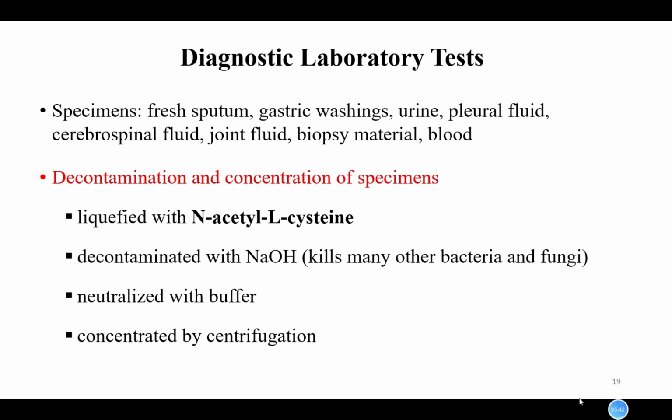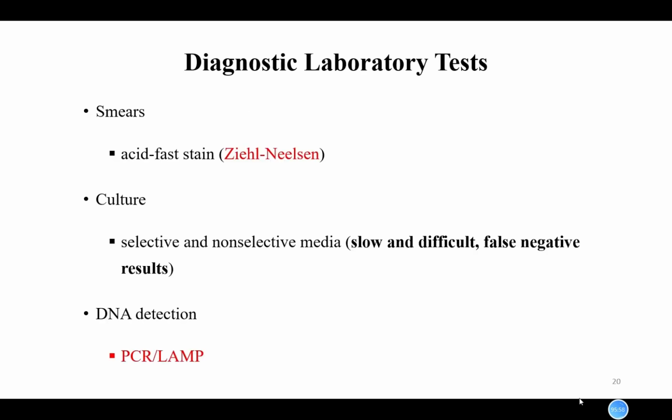This neutralizing buffer is an acid buffer. Then we can concentrate by centrifuge to collect the bacteria. Then we can culture the bacteria, or we can stain the bacteria with acid fast staining. For diagnosis, acid fast staining is a special method for this.